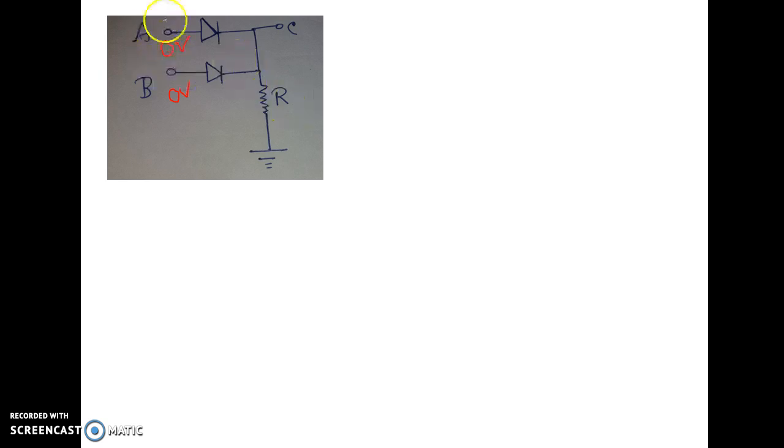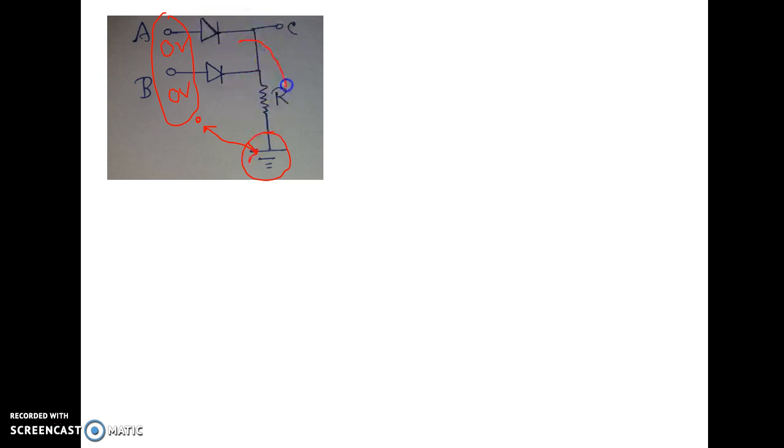In this portion 0 volt is there, and in this portion also 0 volt is there. That means what is the potential drop across the input and this portion? That is 0 volt. There is no potential difference across these two points, so basically no current will flow across this circuit.